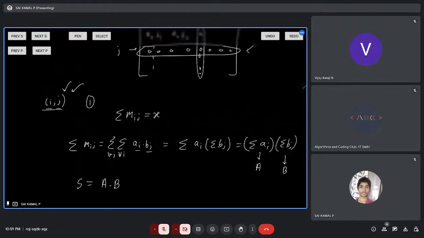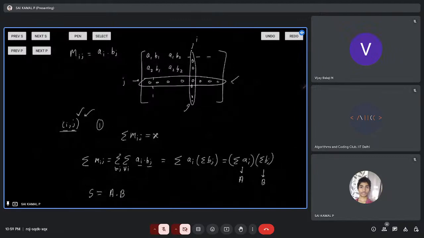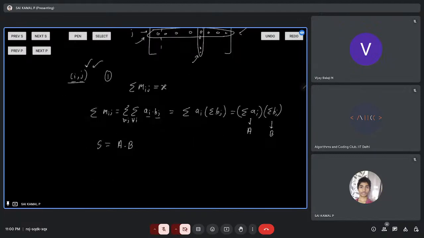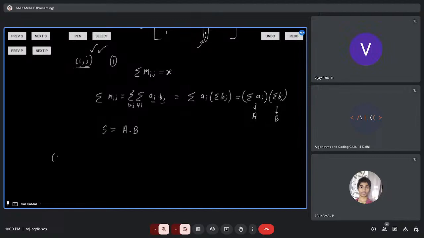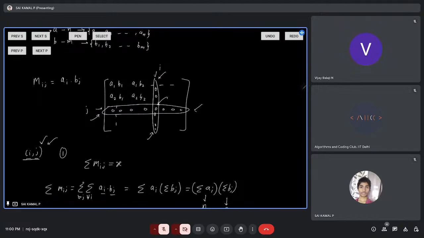So if we try to find out what this operation does: when you do this operation, all elements of the ith row are getting deleted, all elements of the jth column are getting deleted, and the element at the intersection is being deleted twice. So we will just add it back. So after doing the operation on i, j, the new sum, which I am going to represent as S_ij, is equal to our original sum S minus the sum of all elements in the ith row and jth column.